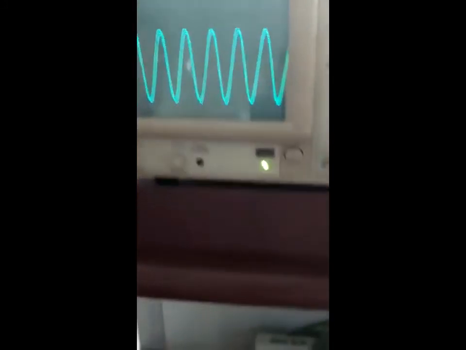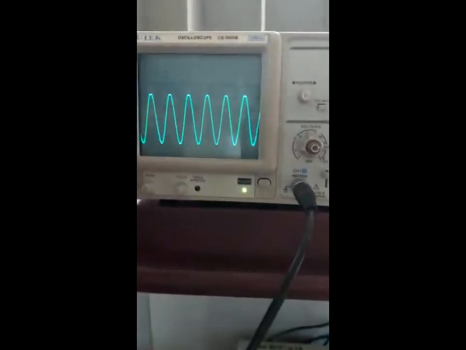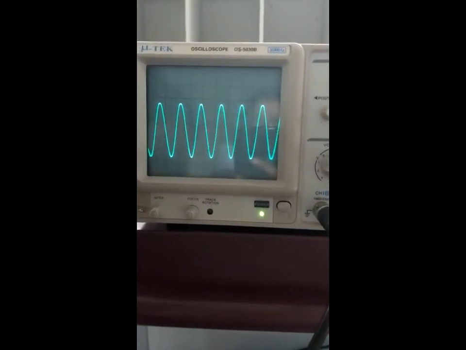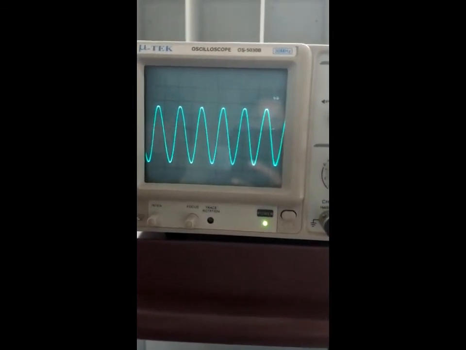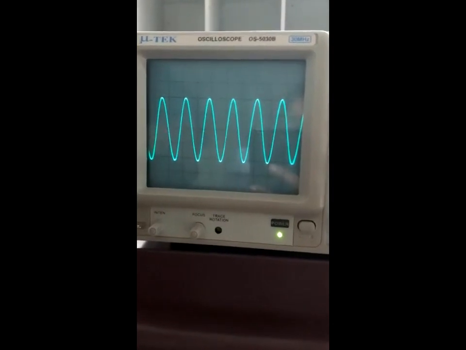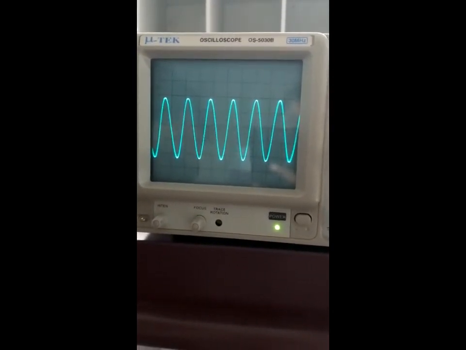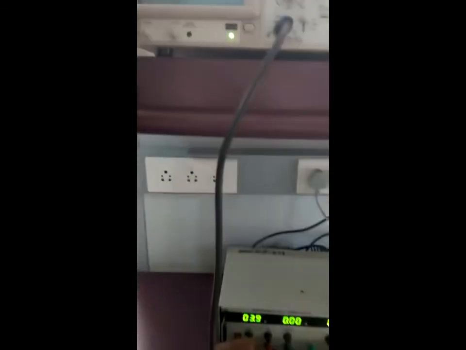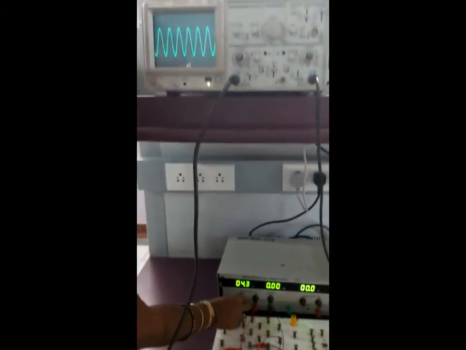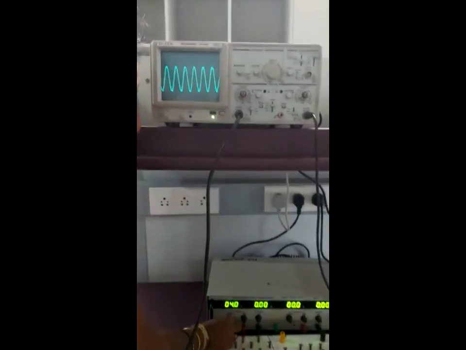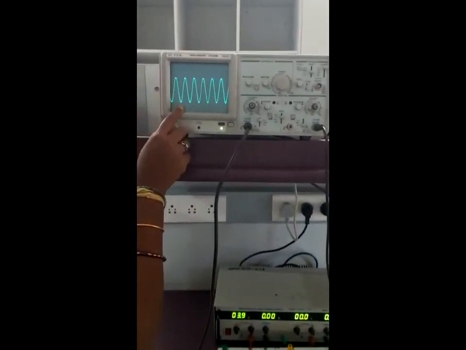Now similarly, if we increase the biasing voltage, we can see the corresponding shift in the waveform below and above the reference line.